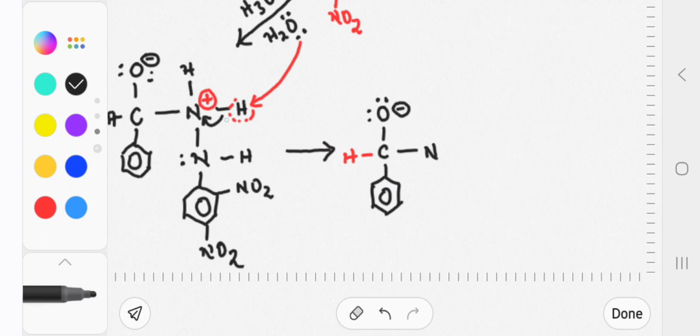Now remember that nitrogen has withdrawn the bonding electrons, and the bonding electron stands for this. Can you see? I've just represented that: the bonding electrons that have been withdrawn from the hydrogen, right? And we originally have this hydrogen here, so I'm going to indicate that hydrogen over there.